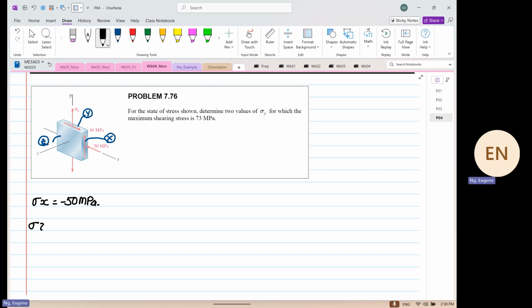We are aware that stress Z is equal to 0. And we know that shear XY is equal to shear YX, and this is equal to 48 megapascal.